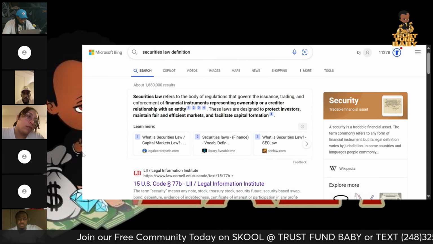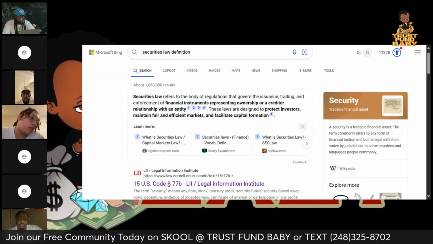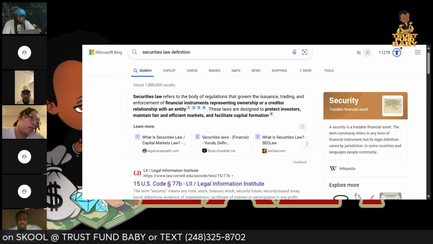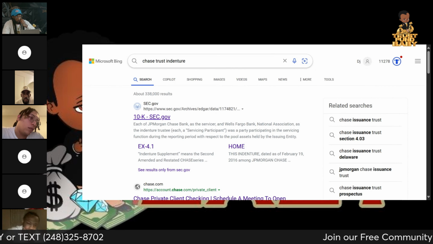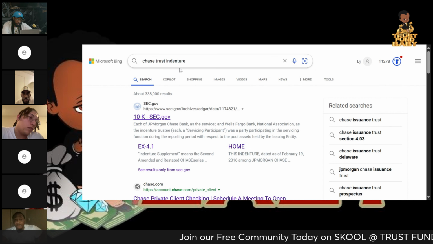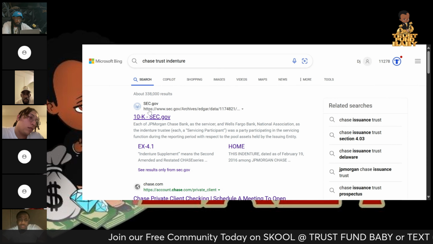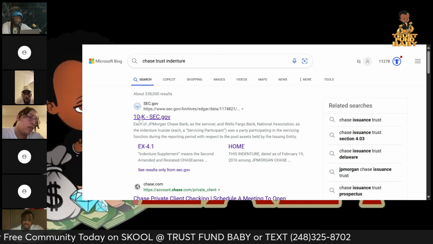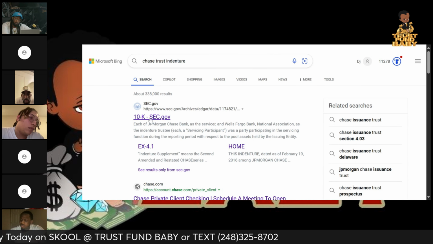Let me show you something right here. Let me actually show you what I searched first before I went to it. Share this tab instead. So, Chase Trust Indenture. When I type in Chase Trust Indenture, this is what comes up first: the Securities and Exchange Commission.gov, and this is a 10-K form. So there are 10-Ks, and then there are what?